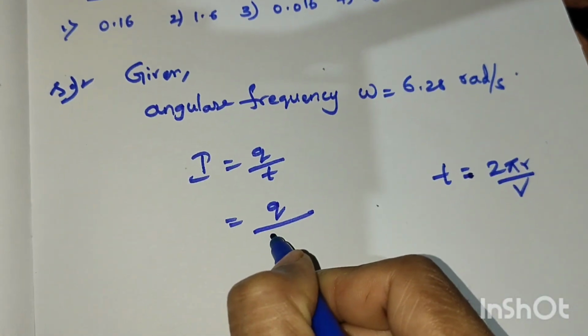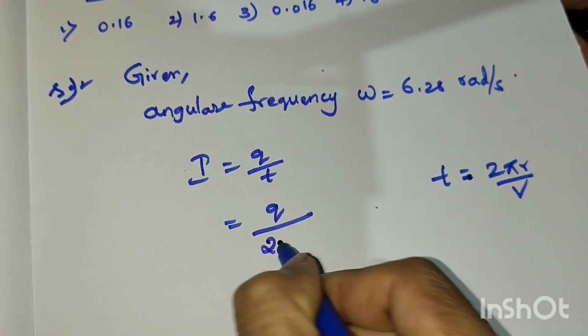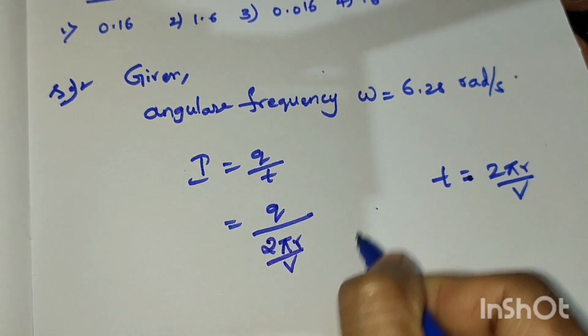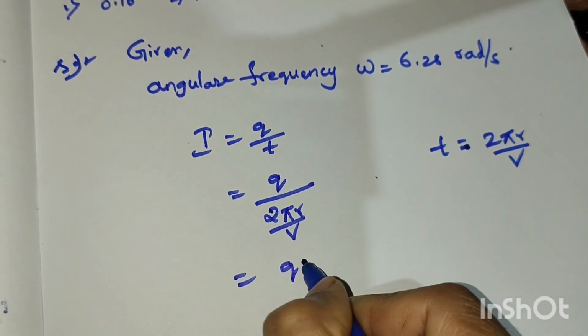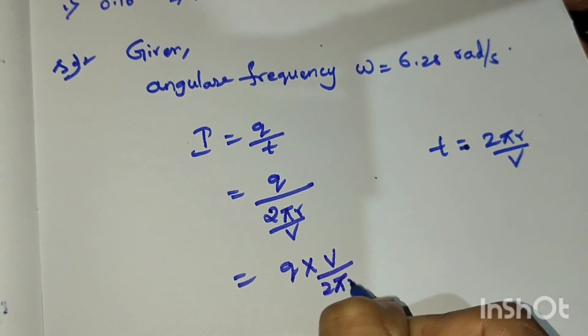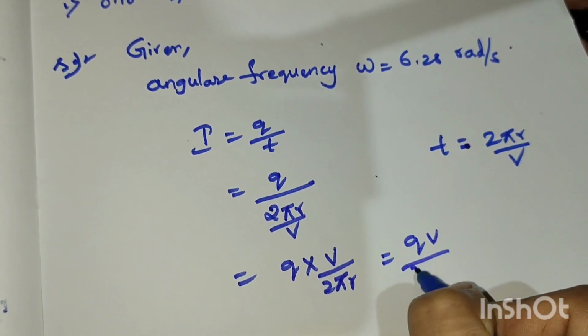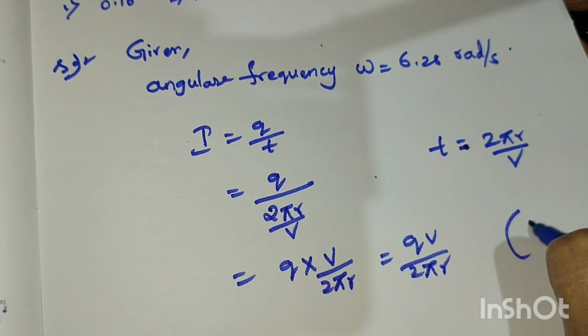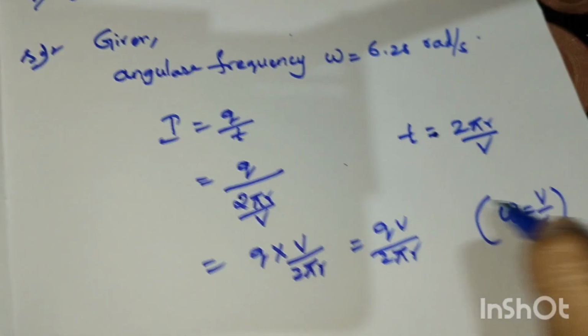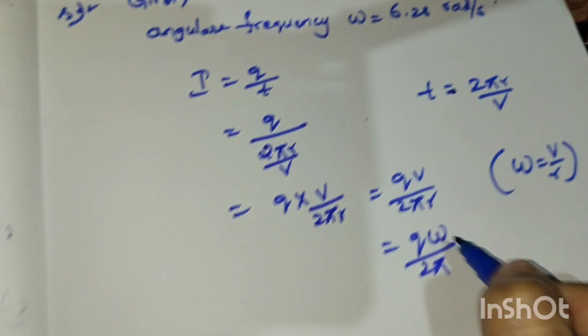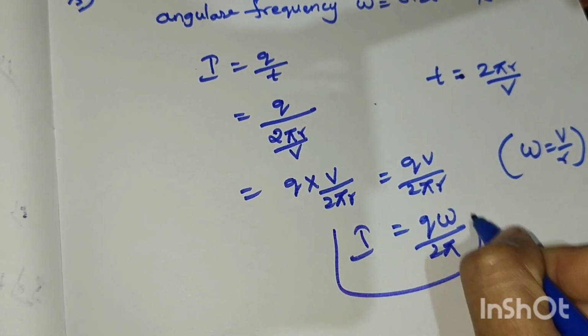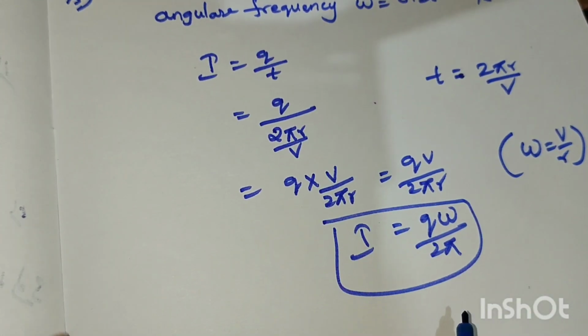Substitute here, Q divided by 2 pi R by V. So reciprocal the value of the denominator: V by 2 pi R. So QV by 2 pi R. So omega is equal to V by R. Substitute here, you will get Q omega by 2 pi. So I is equal to Q omega by 2 pi.